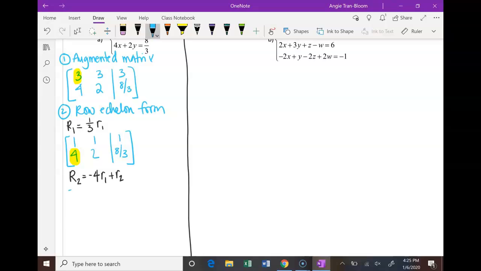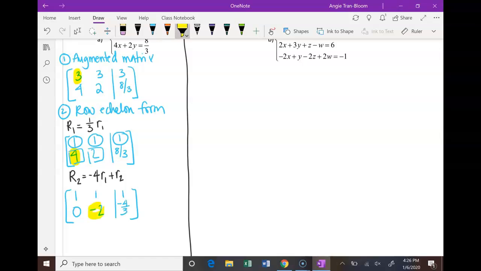In this operation, I'm only changing row 2, so I don't need to do anything to row number 1. -4 times 1 is -4. -4 plus row 2, which is 4, is 0. That's why it works. -4 times 1 is -4 plus 2 is -2. -4 times 1 is -4 plus 8/3 gives us -4/3.